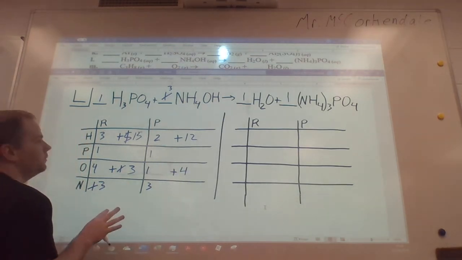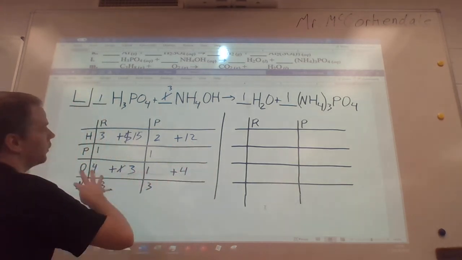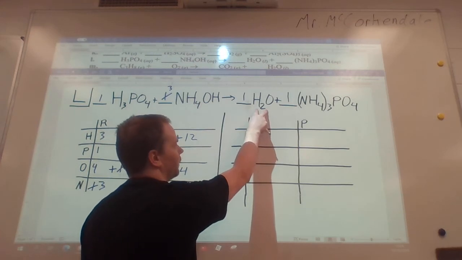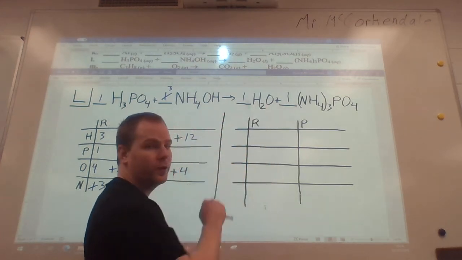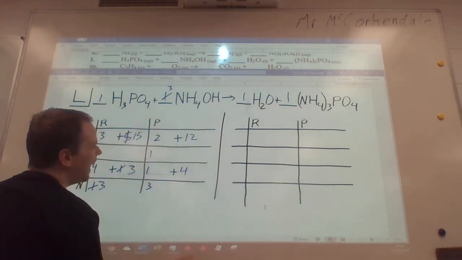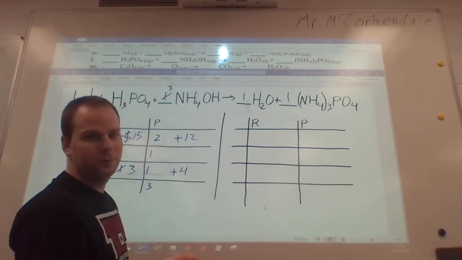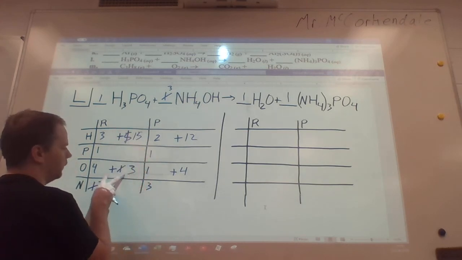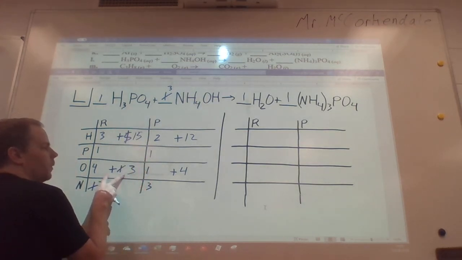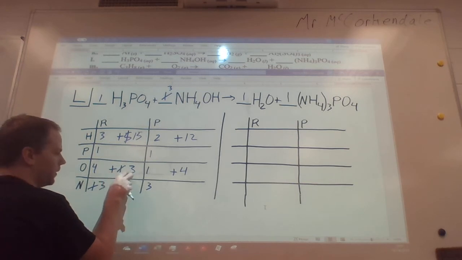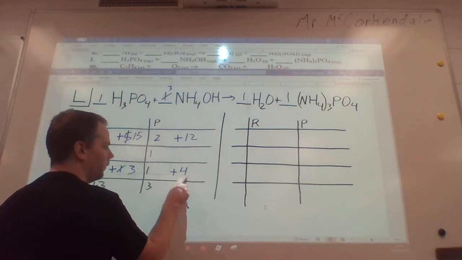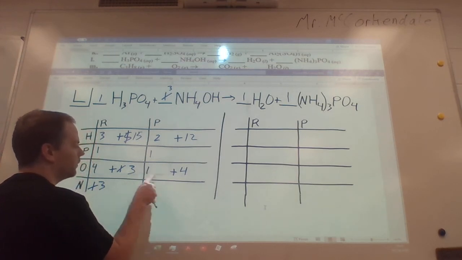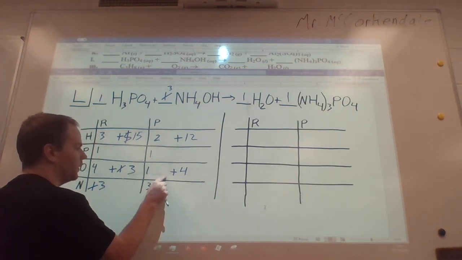Now, hydrogen and oxygen are the only two things that we need to change. Both of them are in this compound on the product side, so this is the one we need to change to fix that. Rather than trying to use hydrogen, because hydrogen's numbers are so much bigger, let's use oxygen. We know that over here we have 4 plus 3, and over here we have 1 plus 4. Well, if we could change this number to a 3, that would balance our oxygen out, because that would give us 7 and 7.